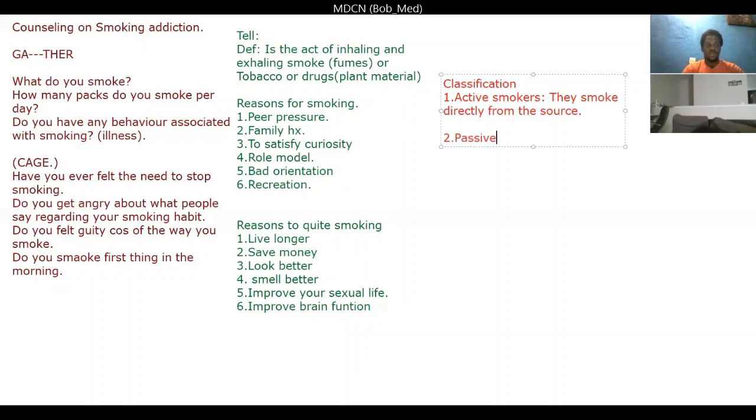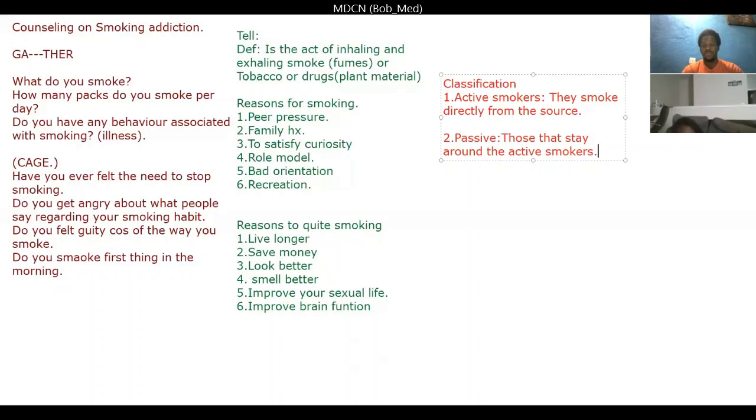The other type of smoker we have is the passive one. Passive smokers are those that are staying around people that smoke. Those that stay around the active smokers are referred to as the passive smokers, and both of them have the same risk factor.